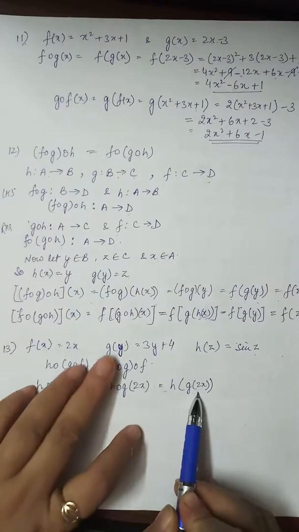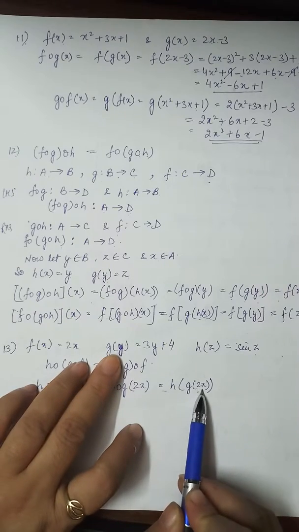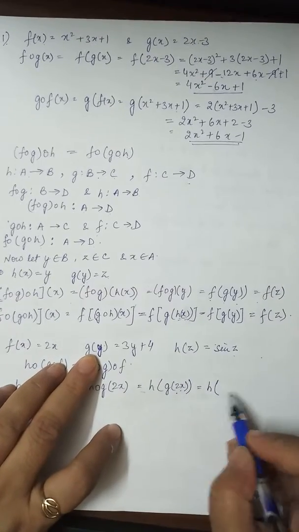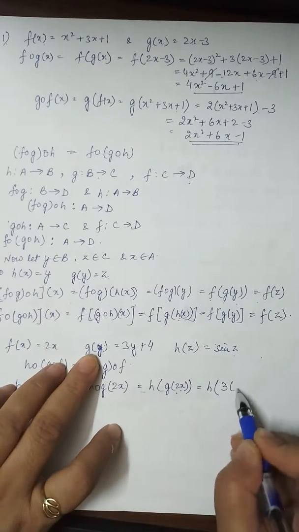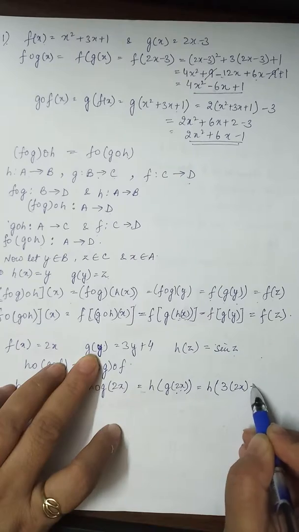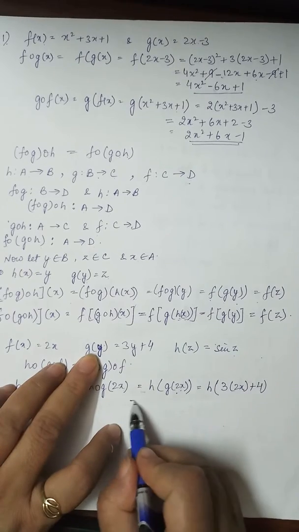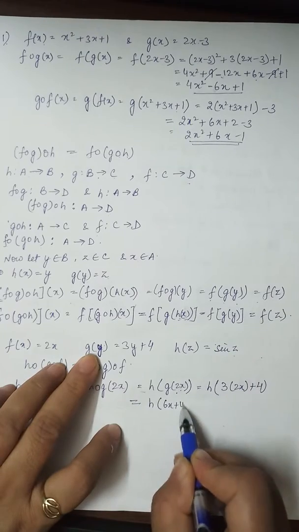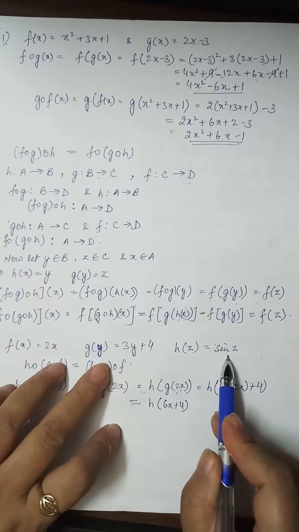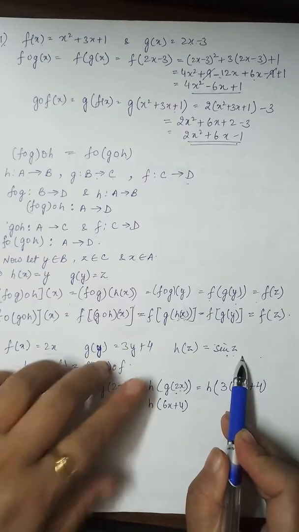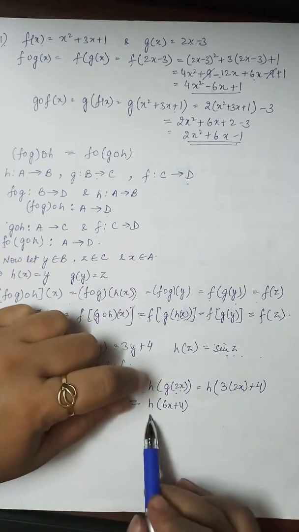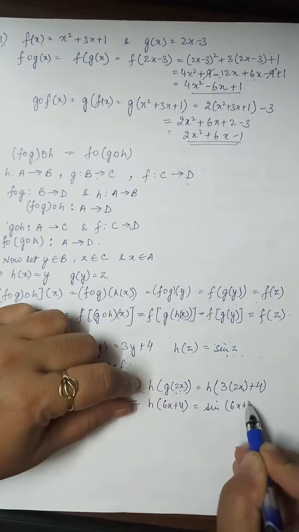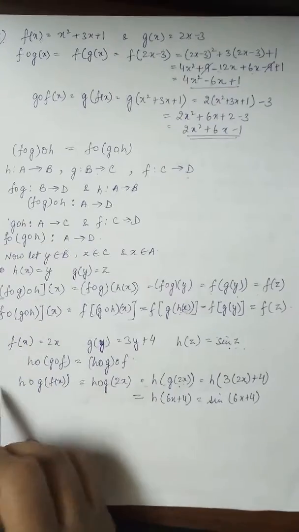In place of y, what are we going to write now? 2x. So this will be written as h of (3 × 2x + 4), which is h(6x + 4). What is the function of h? The function of h is sin z. h(z) is sin z. So h of (6x + 4) will be what? sin(6x + 4), right? This is your LHS.